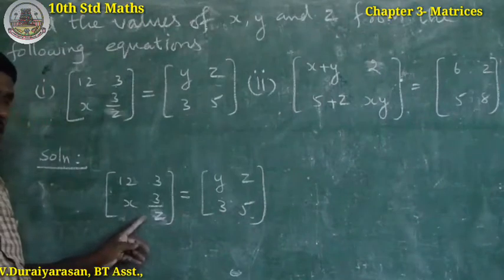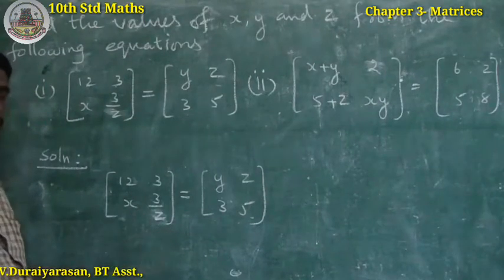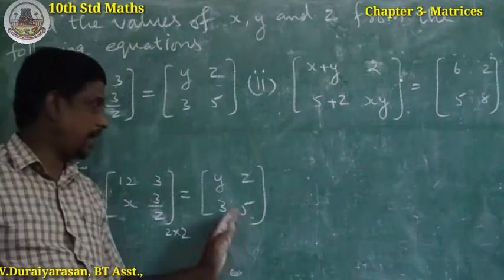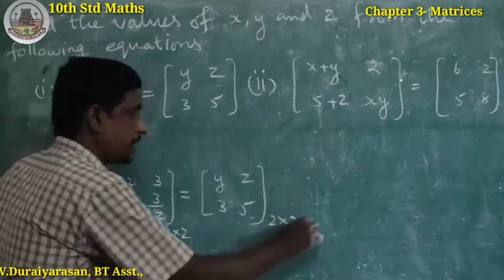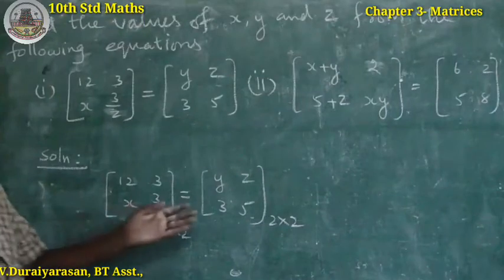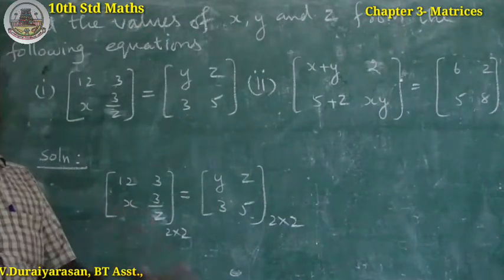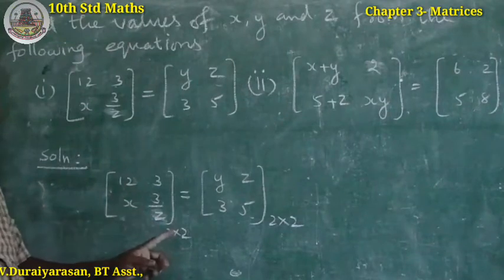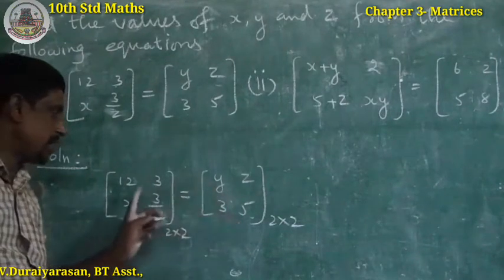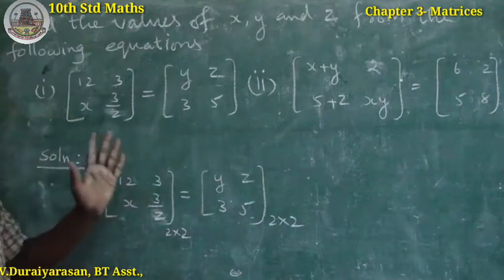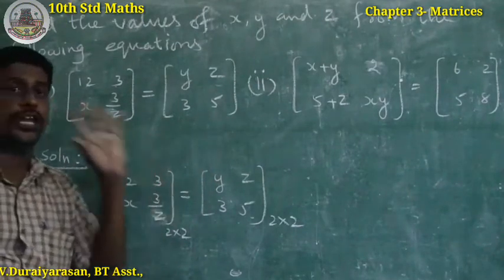What is the order of the given first matrix? 2 by 2. What is the order of the another matrix? Is also 2 by 2. So applying the properties of equal matrices. What is the property? Since the two matrices are equal, then their corresponding elements are also equal.